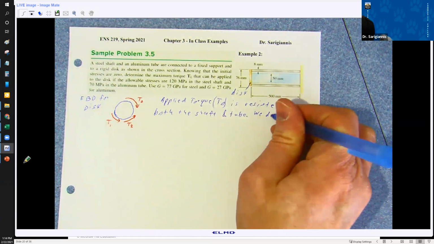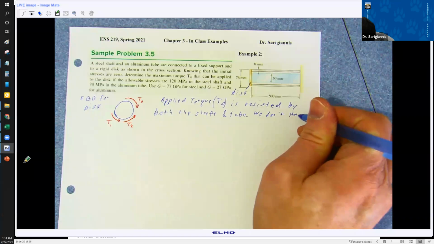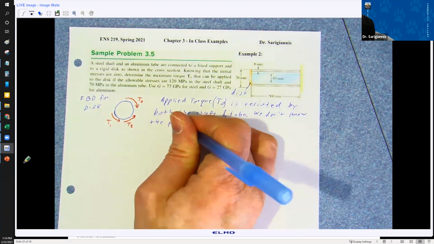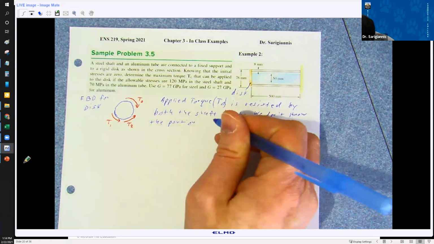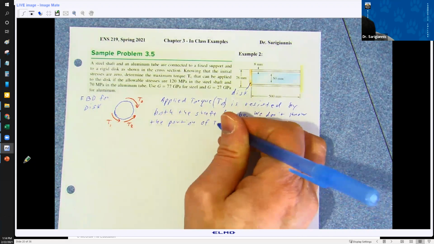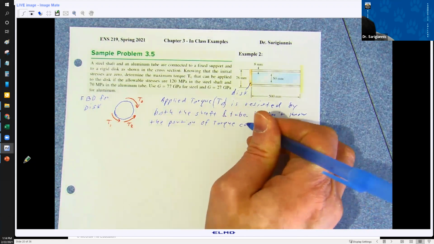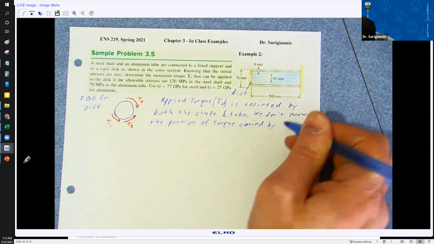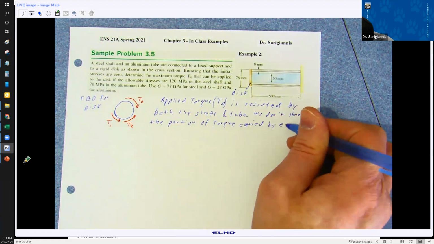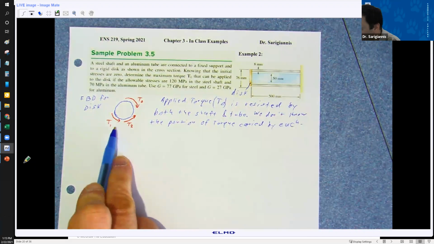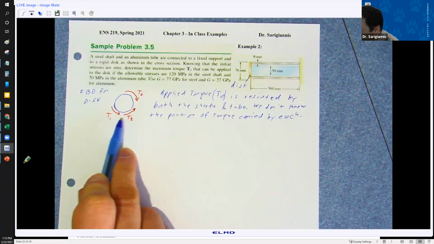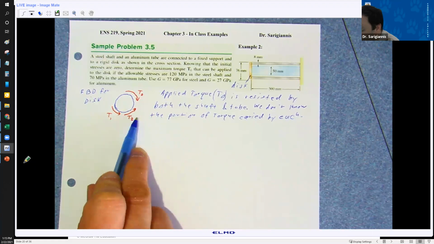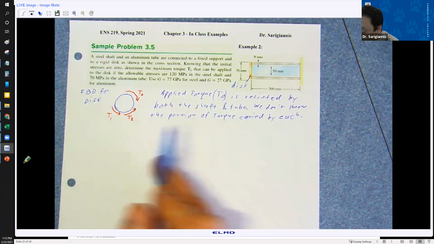But we don't know the portion of torque carried by each. Right, we don't know yet. Well, we'll figure out how to find out. We don't know what the T1 and T2 are. We don't know if T1 is half that of T2 or whatever.